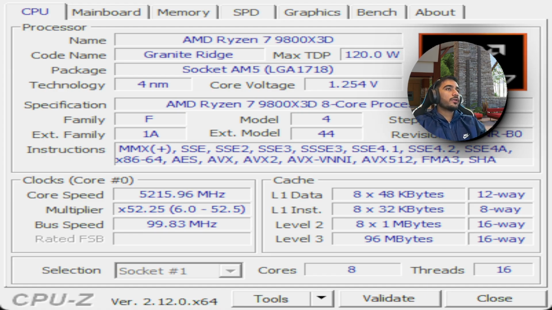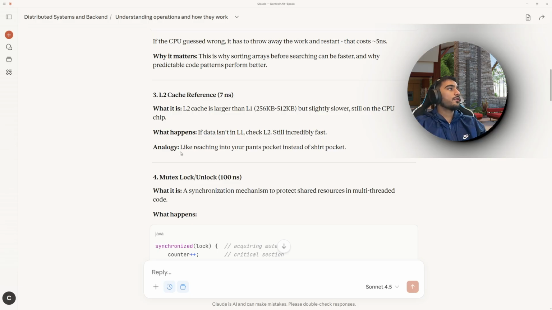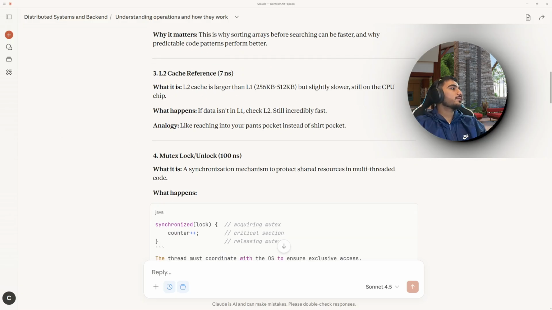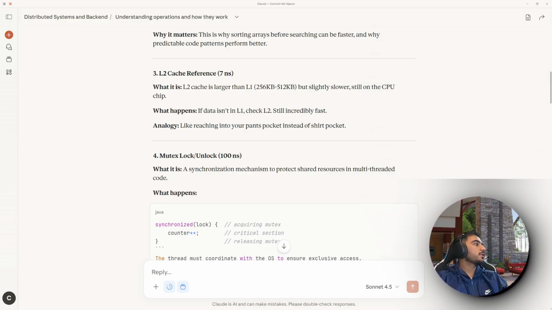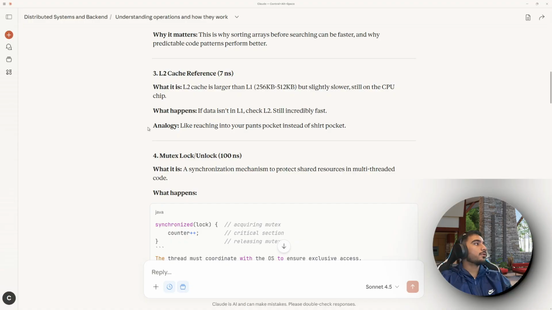So this is what cache is, and this is the point I was trying to make when I said that L1 cache is the smallest, and then comes your L2 cache, which is slightly larger, and so on. So that is what L2 cache reference means in this case.